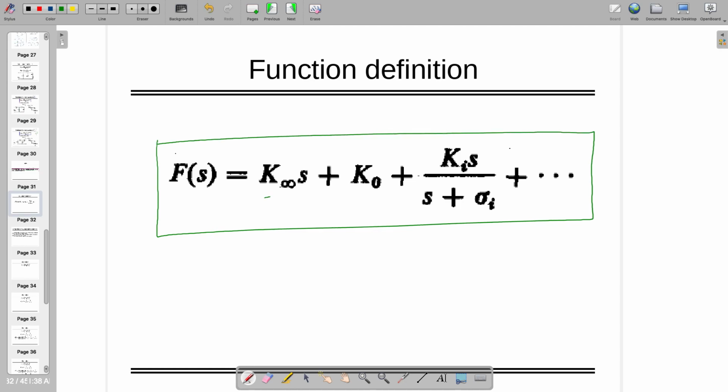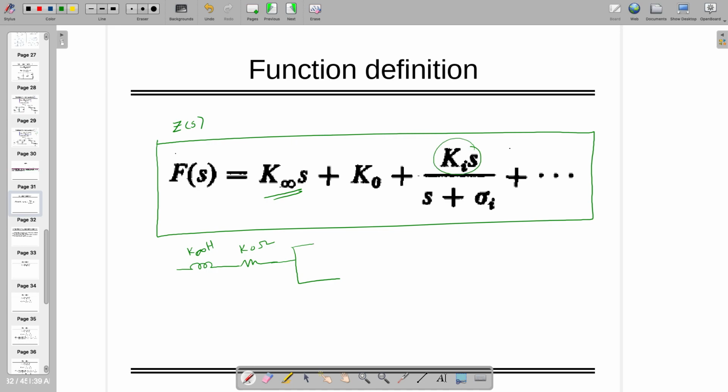Where this is L. If this is the impedance function, then the first entry is inductor, second entry is resistance, right? And these entries will be resistance and inductor.